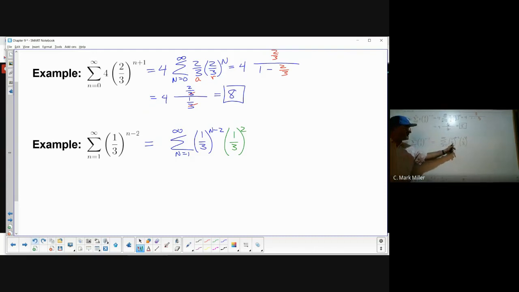Now look here, look what happens. N minus 2, multiplied by that to the 2, those add together, you get an n. See, we got the n that way, right? But I have to compensate now. So out here, this is a 1 over 3 squared. So out here I put 3 squared. I effectively multiplied by 1.